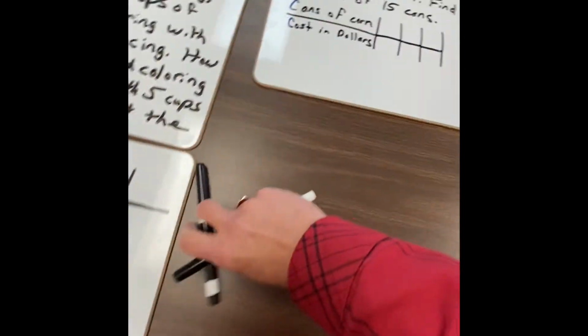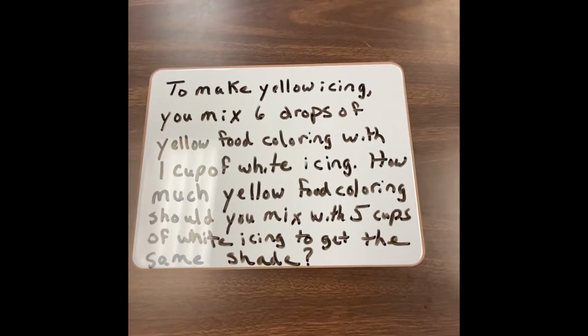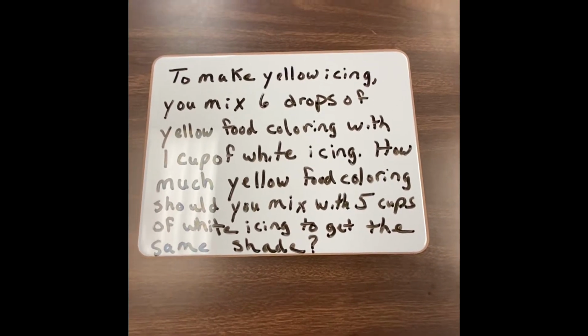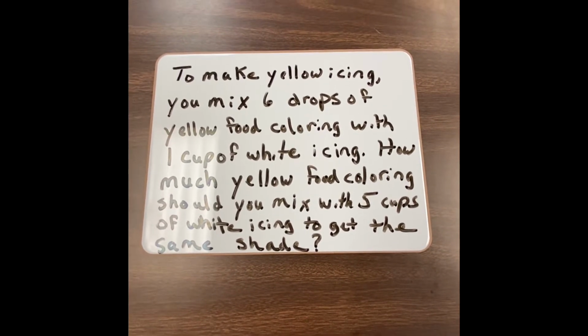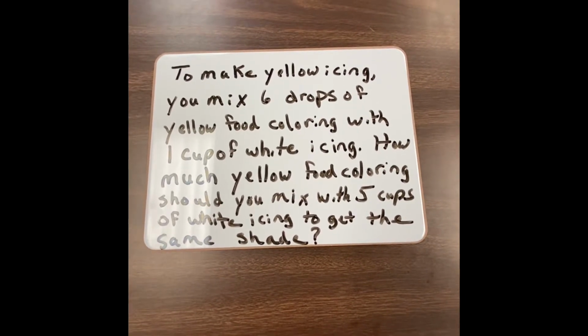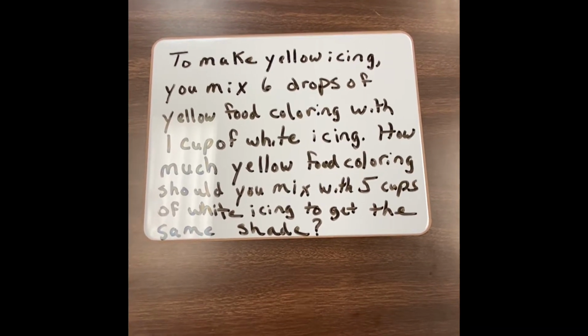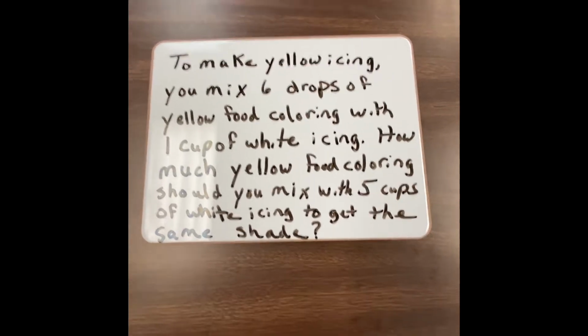Now let's look at this problem. It says to make yellow icing, you mix 6 drops of yellow food coloring with 1 cup of white icing. How much yellow food coloring should you mix with 5 cups of white icing to get the same shade?